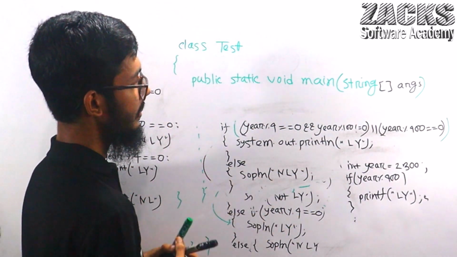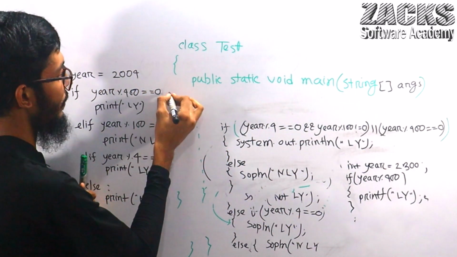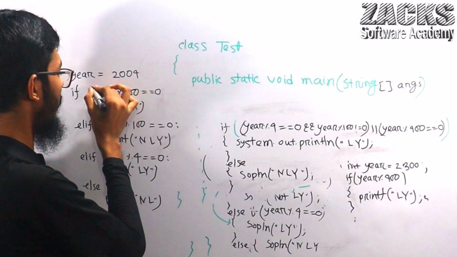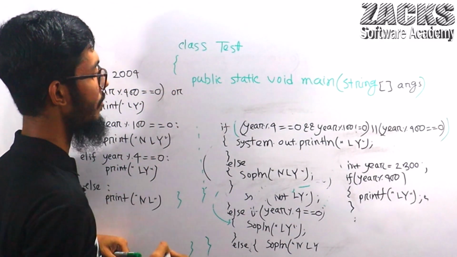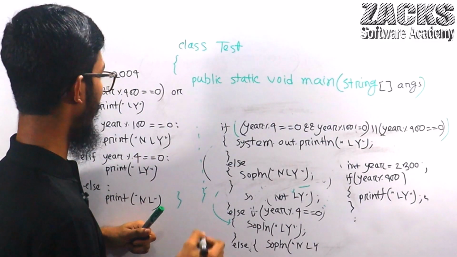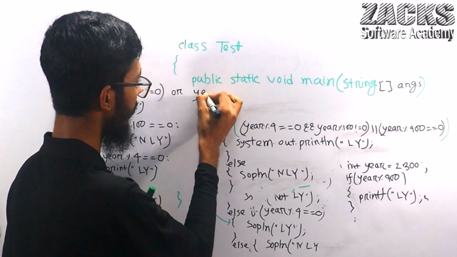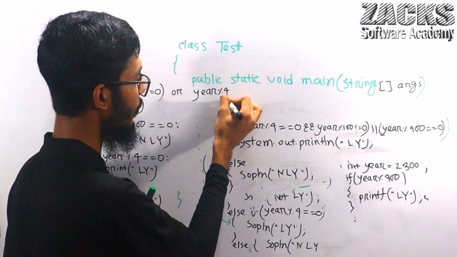Or you can do this one thing now. If you want, you can use a parenthesis also. What should I do? We need to check these two conditions. Here is divisible by 4.